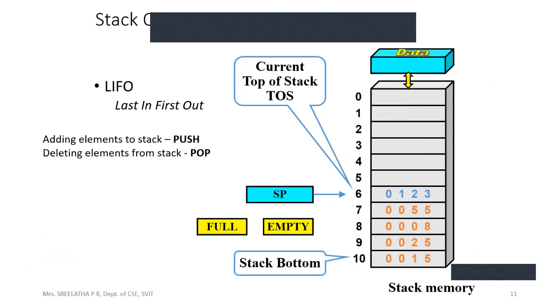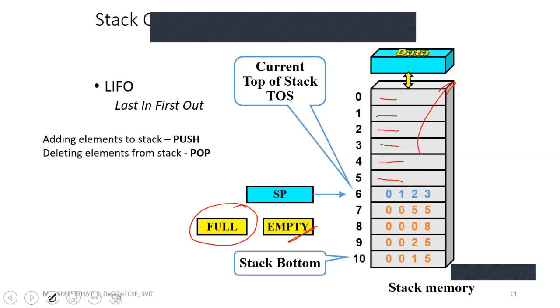When push happens, the stack can become full. When deletion happens, I'm removing the data one by one, and there can be the case of empty. The stack becomes empty.